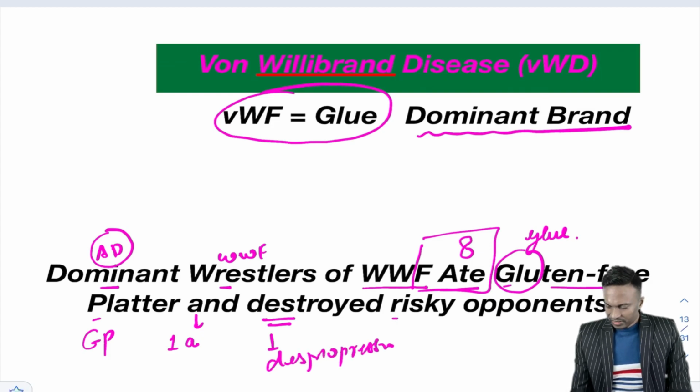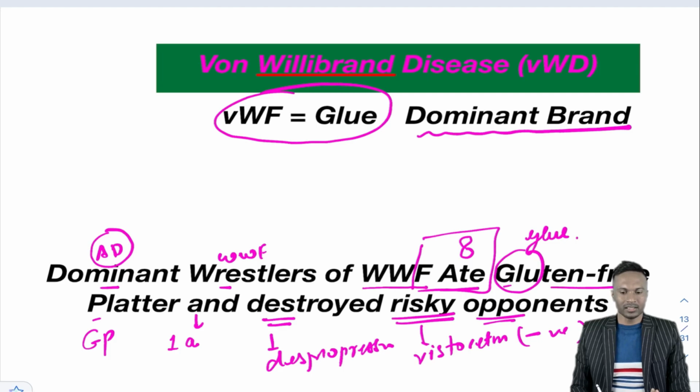And then you have risky opponent. What is risky? Ristocetin. Opponents means opposite, so you can replace it with negative. So this mnemonic also carries the question part. Dominant wrestlers of WWF ate gluten-free platter and destroyed risky opponents.